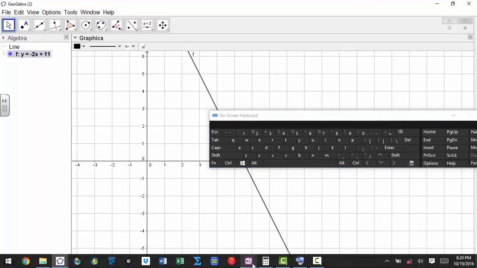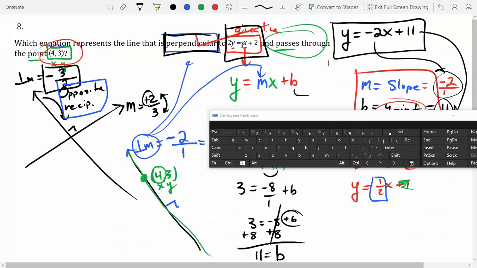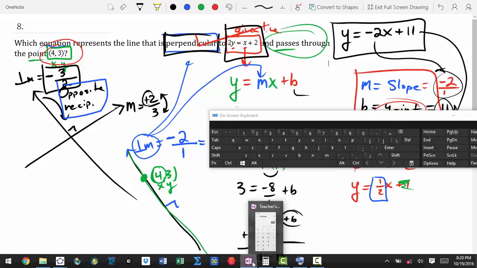And the other line they gave me was 2y equals x plus 2.